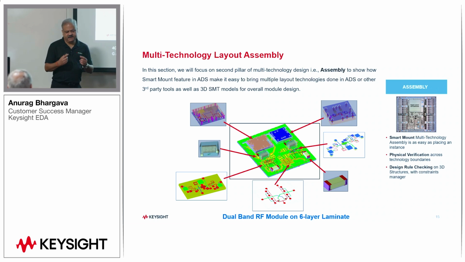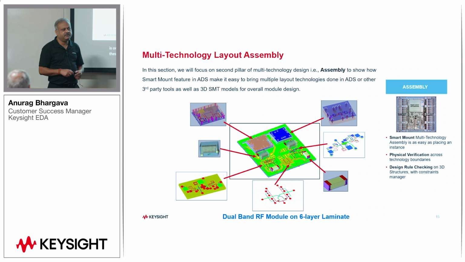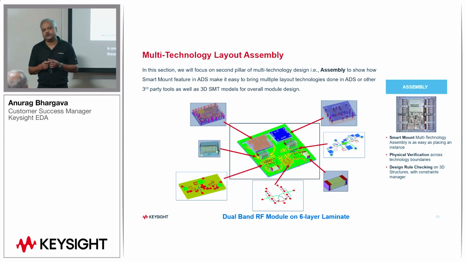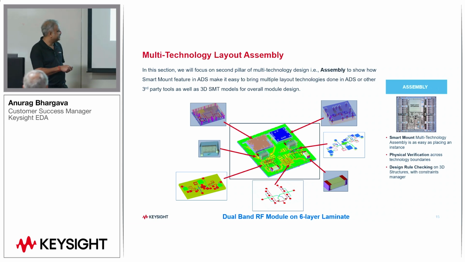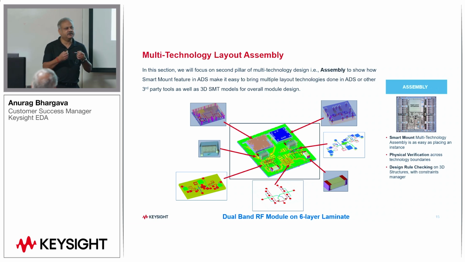Now, IC is one part of the problem. So you have the 6-layer laminate on which you are mounting these ICs and LTCCs. Another key aspect, which is very important in such dense module packages, is your SMT components. Because once you start placing SMT components very close to each other, especially inductors, you may have magnetic coupling between those inductors.